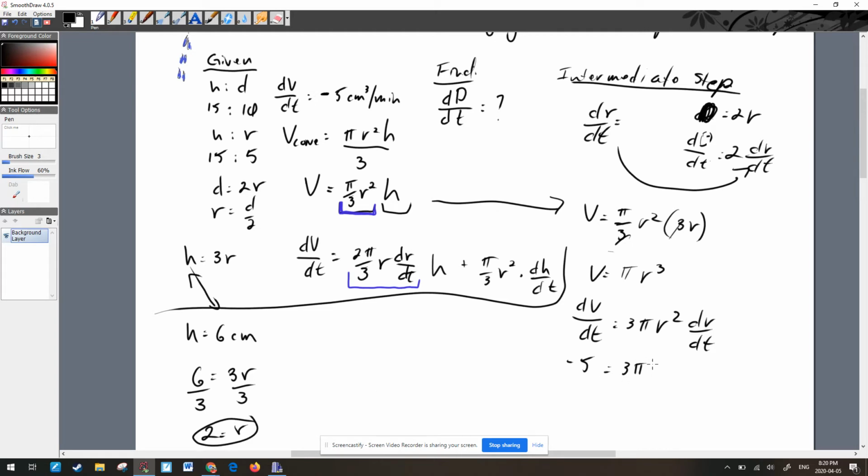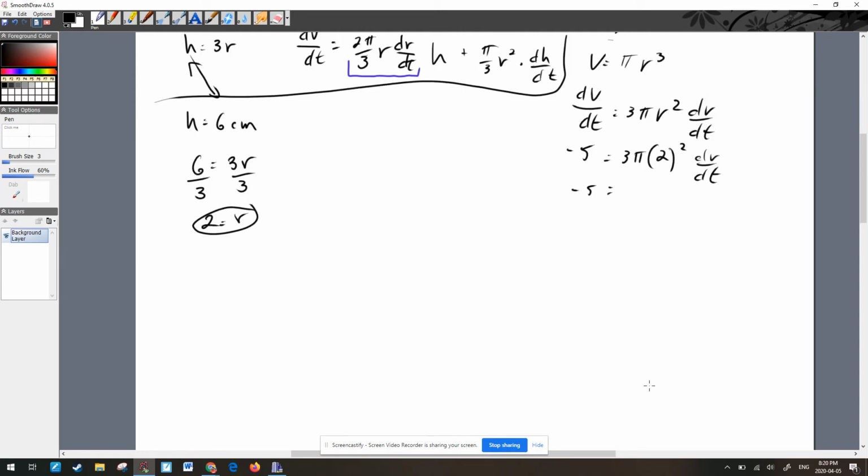So I can come back here and say the snapshot for this is 2 squared dr by dt. Let's do some simplification. Negative 5 equals 2 squared, which is 4, times 3 is 12, so 12 pi times dr by dt.